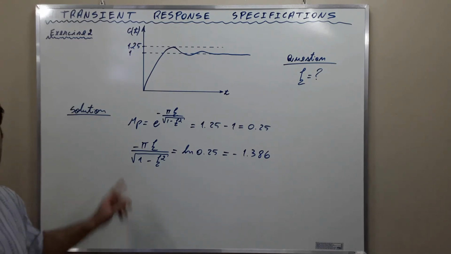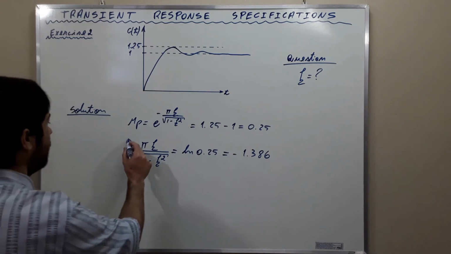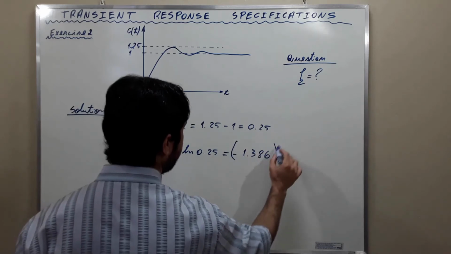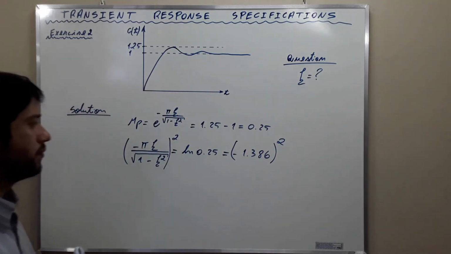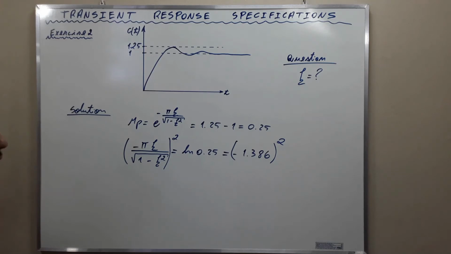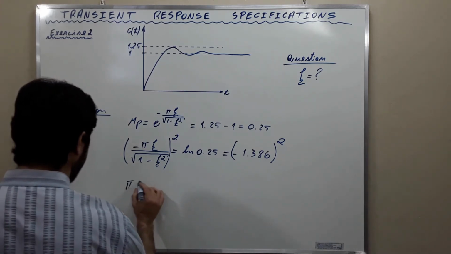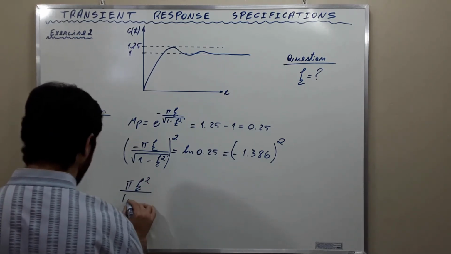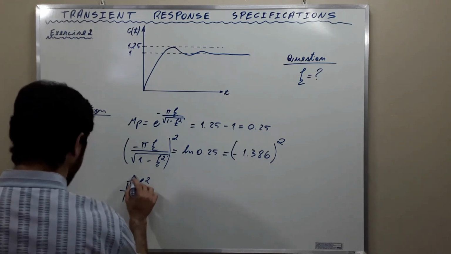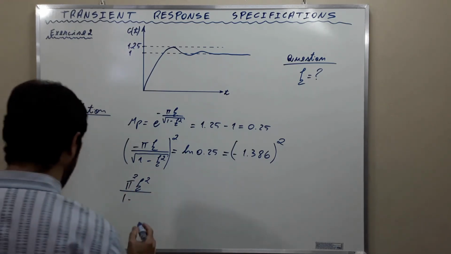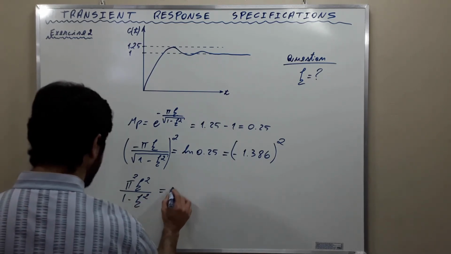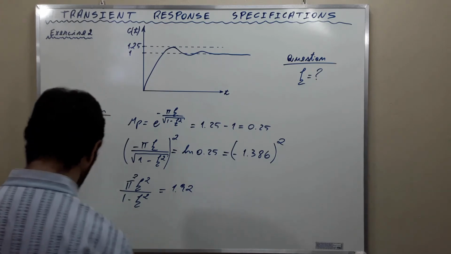We are going to square both sides now. We're going to square here and here. Following this procedure, we get that pi squared zeta squared divided by 1 minus zeta squared is equal to 1.92.